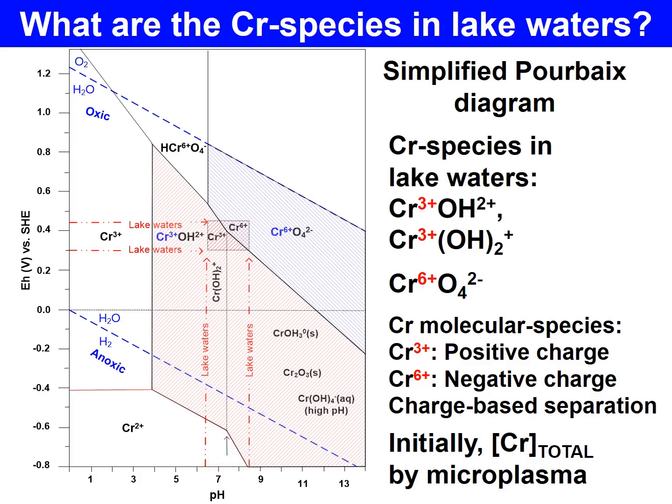Without getting in too much detail here, there are two species, chromium 3+ OH2+, which are positively charged, and there's the chromate, which is negatively charged. So we have molecular species, positively charged, negatively charged. So we can determine one species and then the total by the microplasma. And I will show you how we do that.